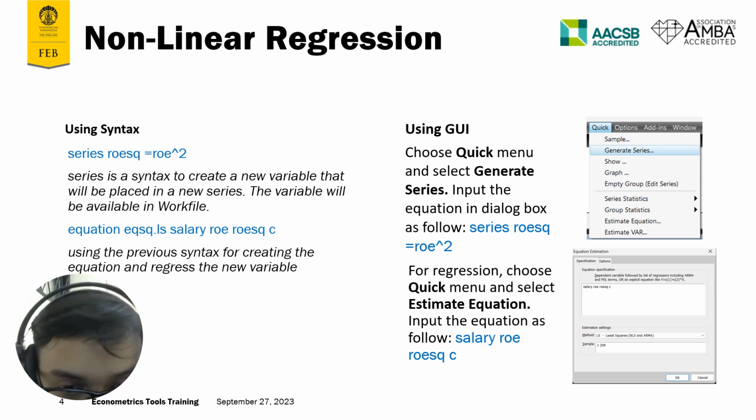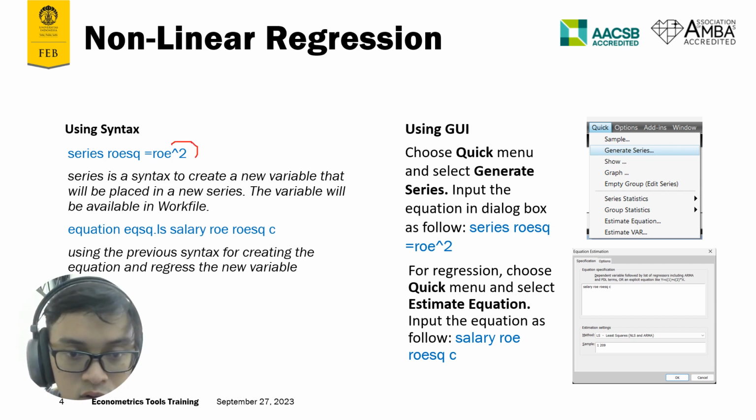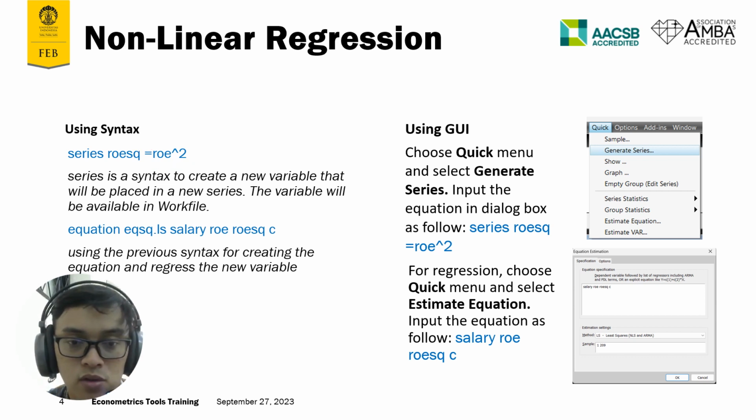Sorry, I forgot, because the cursor is blocking me. So it is the square of ROA and the name is ROASQ. You can choose this one, and after you create the series, you can do the equation here.